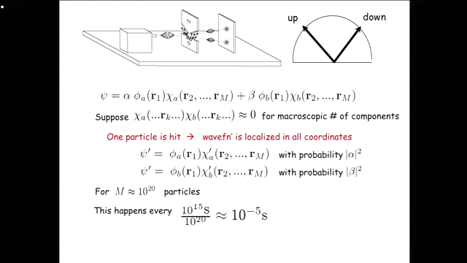And now here's the really critical thing: if your apparatus is big, if it's got lots of components, say it has 10 to the 20 particles in it, then although every one of those particles only collapses every 100 million years, if you ask how long do I have to wait for at least one of them to collapse, then it's hardly any time at all. So in this example, it's just 10 microseconds.